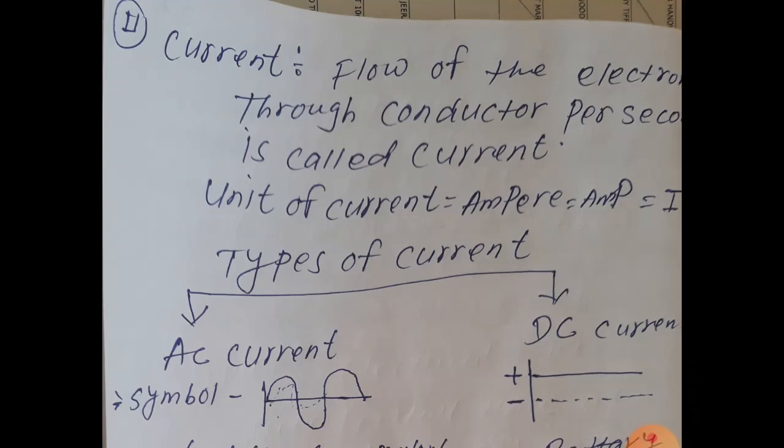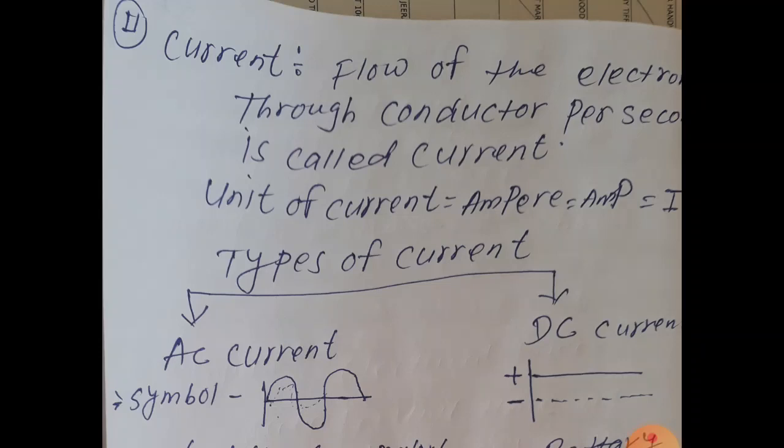So, types of current. How many types of current? We have two types: AC current and DC current. The AC current source is a generator, hydropower plant, big power plant, nuclear power plant, like that. And the DC voltage source is a battery.